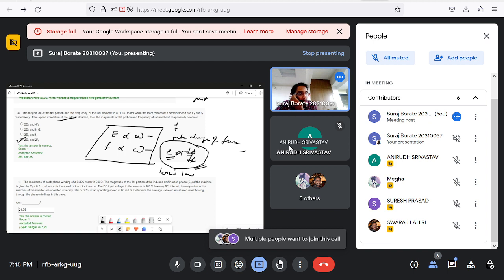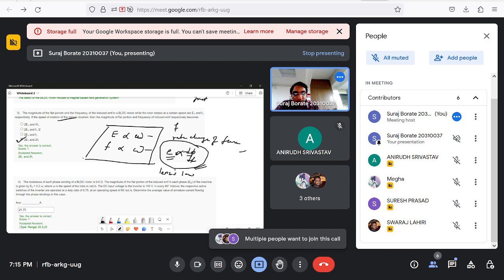So this is nothing but the rate of change of magnetic field. And what causes the rate of change of magnetic field?